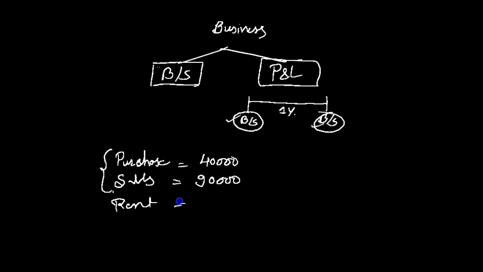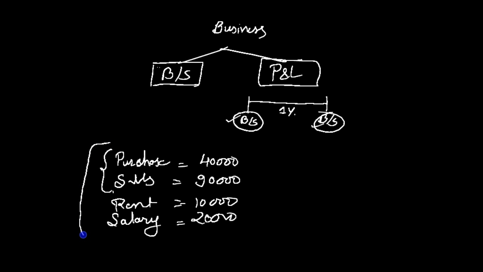Suppose he pays the rent of rupees 10,000 and also pays salary and wages of rupees 20,000. Now these are the transactions which he has done throughout the year. So finally at the end of the year we have to see what is the profit made by the business.